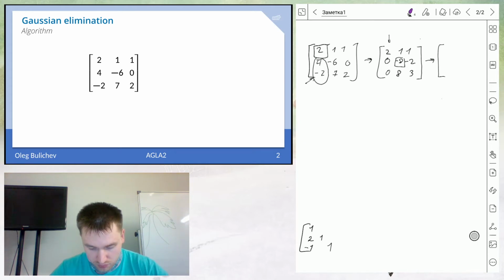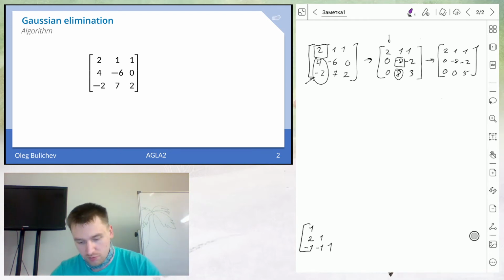Now we want to reduce this one. For this purpose we multiply by minus 1. So what we will get? 0, 0, 3 minus minus 2, which is 5. Hooray! We obtained our upper triangular form.